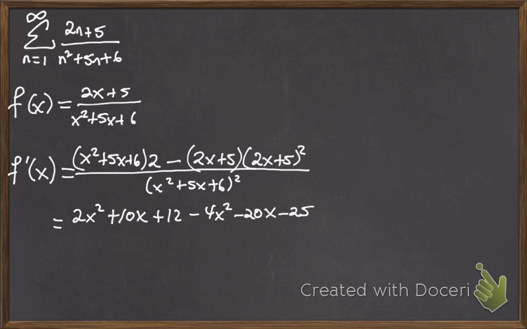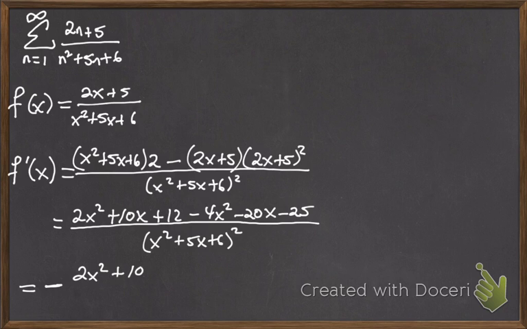And we'll go ahead and clean up the numerator. So 2x squared minus 4x squared will make a minus 2x squared. 10x and minus 20x will make a negative 10x, and 12 and minus 25 will make a negative 13. So we can factor out the negative, and that's negative (2x squared plus 10x plus 13) all over the denominator squared.